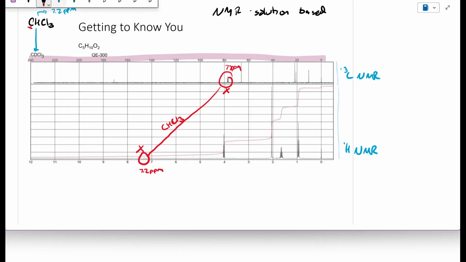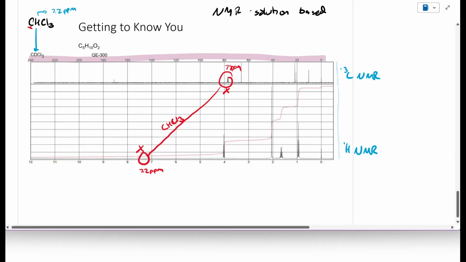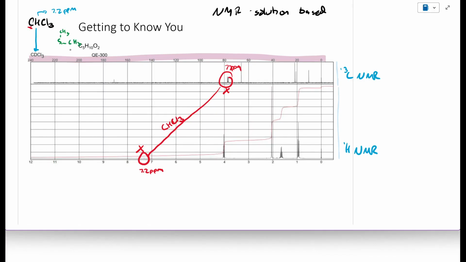The other thing that we do in NMR is we add an additive to the solvent in order to calibrate the x-axis. And the additive that we add is tetramethylsilane, silicon with 4 methyl groups around it. By definition, we have said that the protons in tetramethylsilane have a chemical shift of 0 ppm.